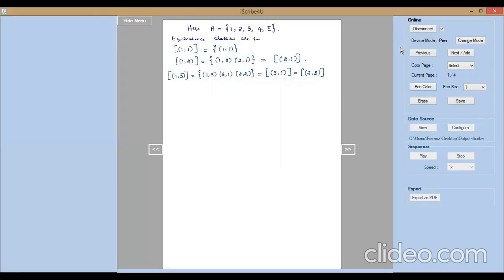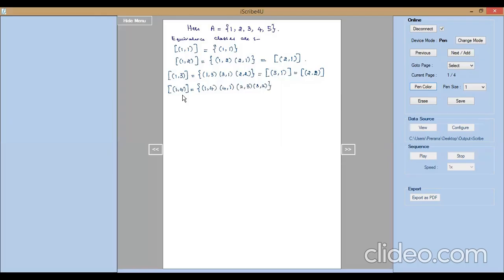Now next I will consider 1, 4. So the equivalence class of 1, 4 means the sum should be equal to 5, 4 plus 1 or 1 plus 4. So we have ordered pairs 1, 4 and 4, 1. Then we can take 2, 3 and 3, 2. In each of these, if you observe, the sum is equal to 5.